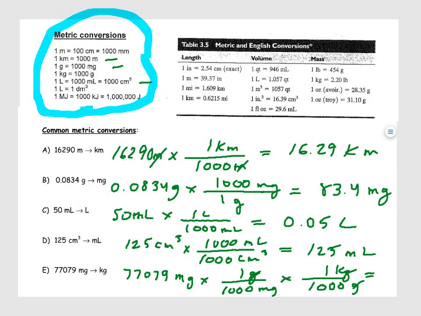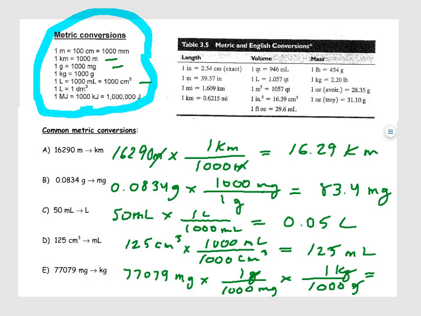What I want to know is, did you do this? 77,079 times 1, times 1, divided by 1,000, divided again by 1,000, or did you do 77,079 divided by 1,000 and then divided by 1,000 to start? Or did you use brackets? 77,079 divided by, and then a bracket, 1,000 times 1,000, and then an end bracket. It could very well get confusing very quickly.